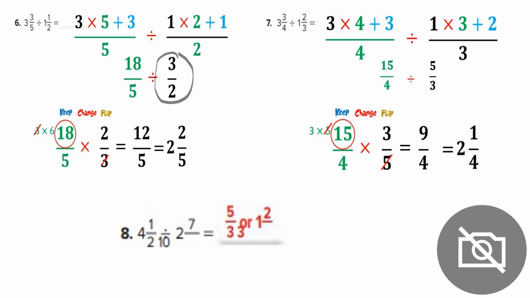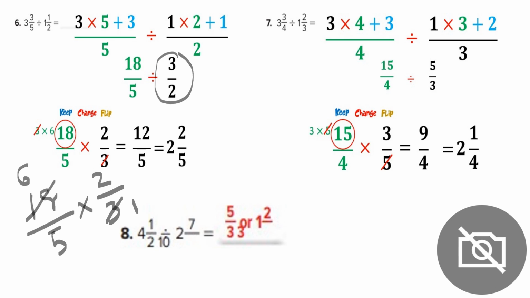Now you can multiply and divide, or you can do this simplification method. That means 18 over 5 multiplied by 2 over 3. So 18 you can divide by 3. 3 divided by 3 is 1, 18 divided by 3 is 6. So 6 times 2, 12 over 5.